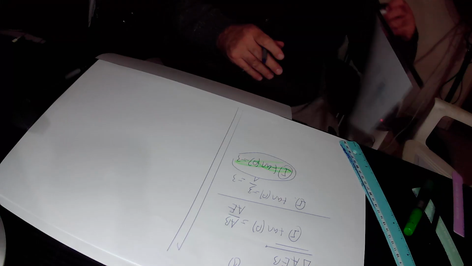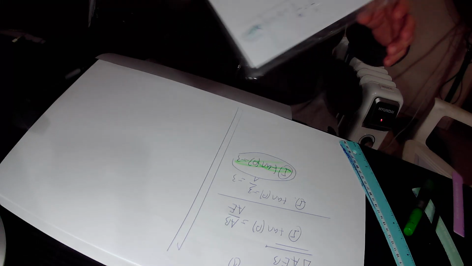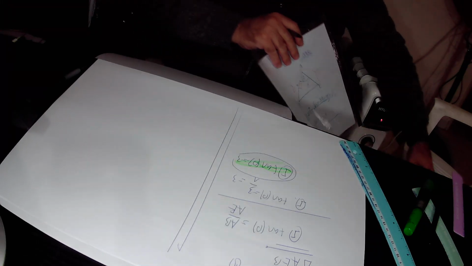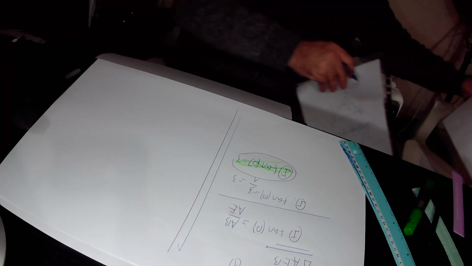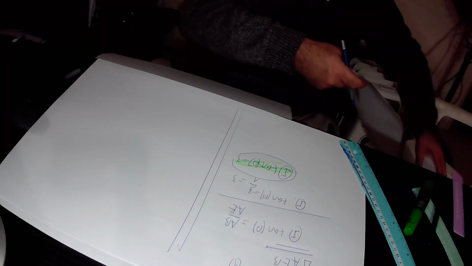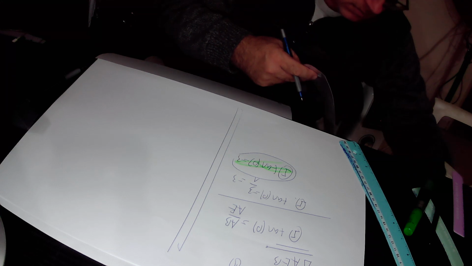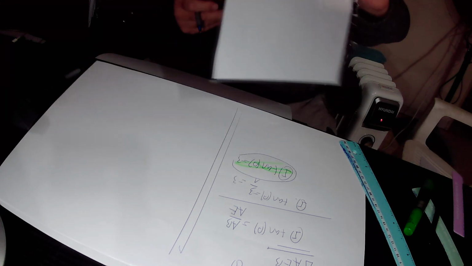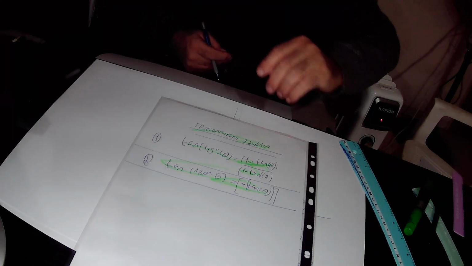We have a trigonometric identity. It says that tangent of 45 degrees plus theta. This is the first trigonometric identity. Tangent of 45 degrees plus theta equals 1 plus tangent theta over 1 minus tangent theta.